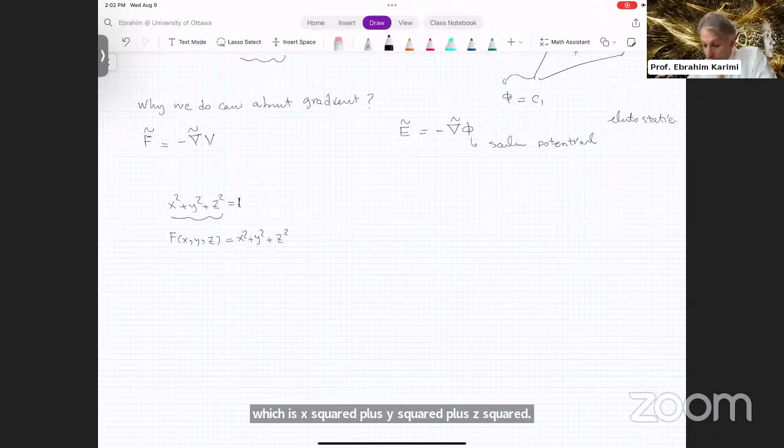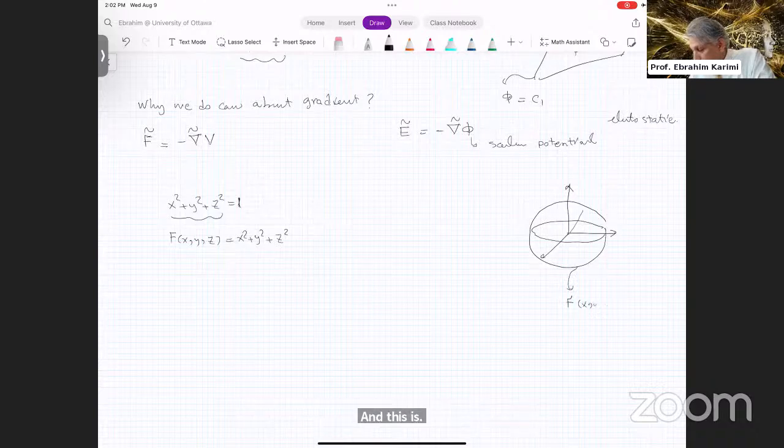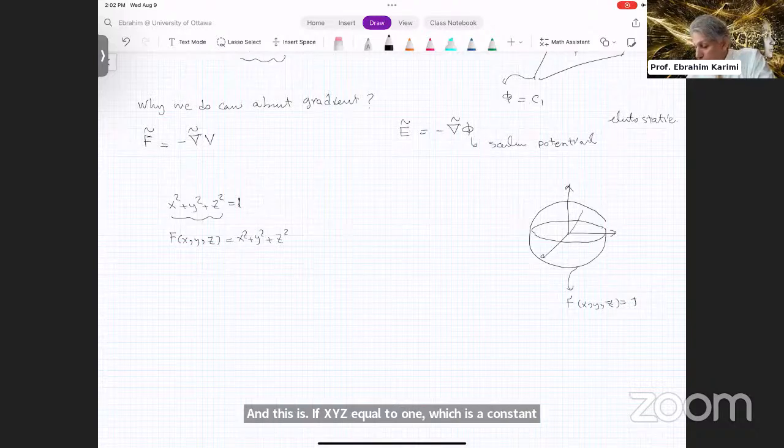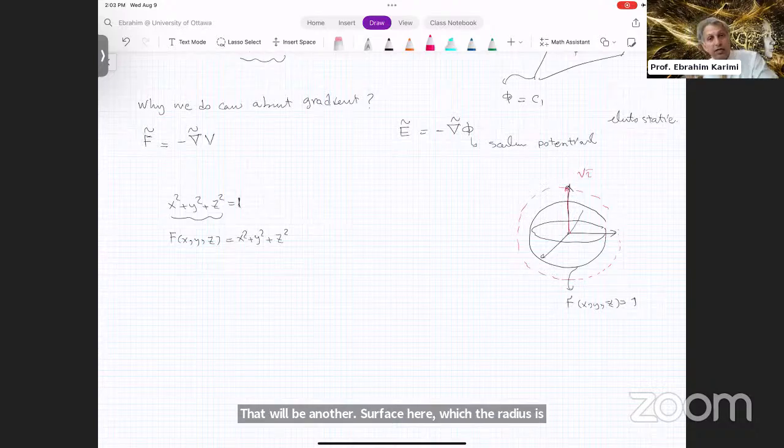If it's equal to 1 in three-dimensional space, that's a surface, which is a sphere of unit radius, right? And this is f of x, y, z equal to 1, which is a constant here. What about 2? That will be another surface, where the radius is equal to the square root of 2, and so on. So that's what I mean by this. I hope that is clear.